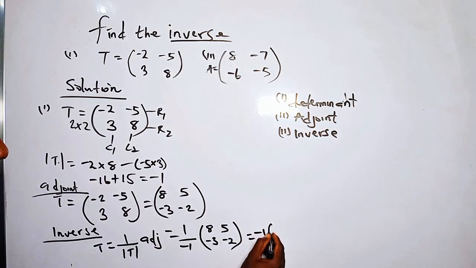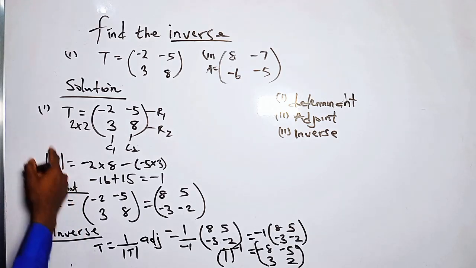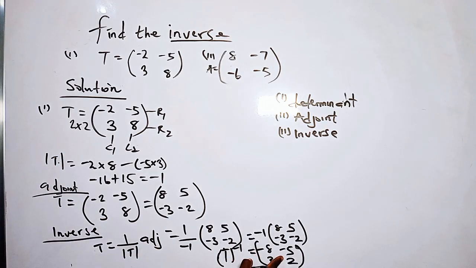When we open up, -1 times 8 is -8, -1 times 5 is -5, -1 times -3 is 3, and -1 times -2 is 2. So the inverse of matrix T is -8, -5, 3, and 2.